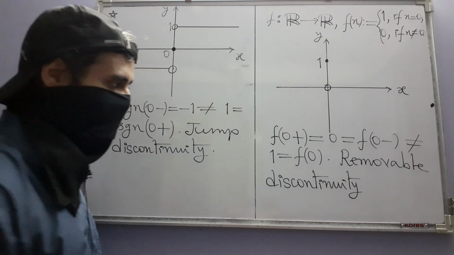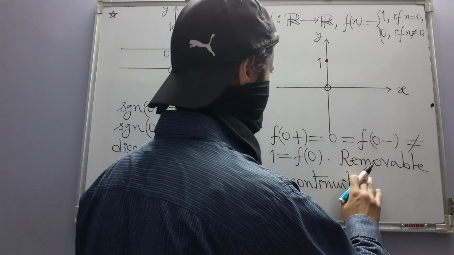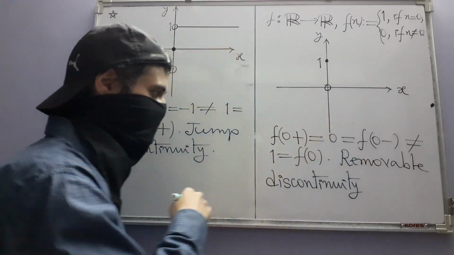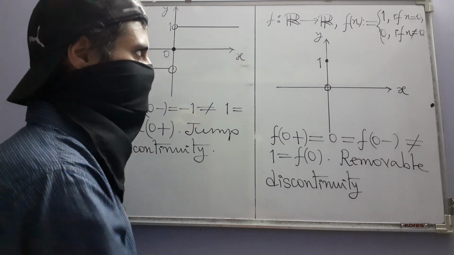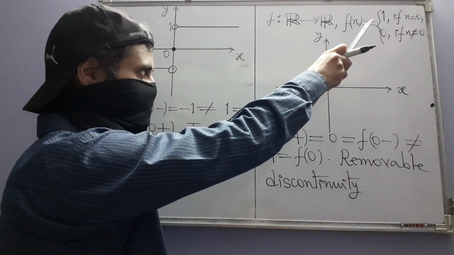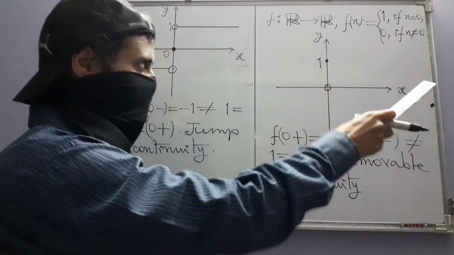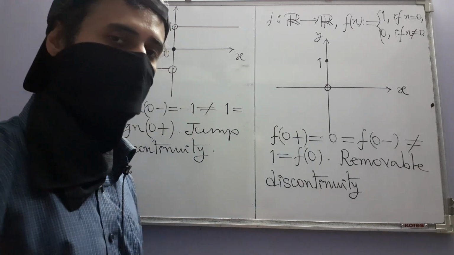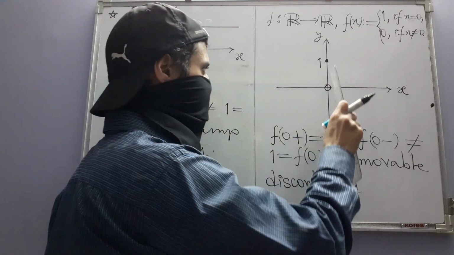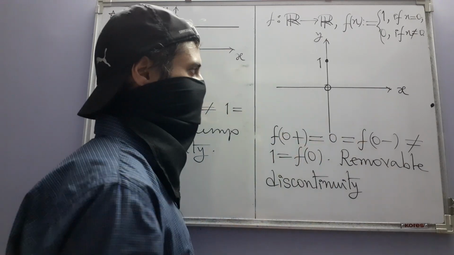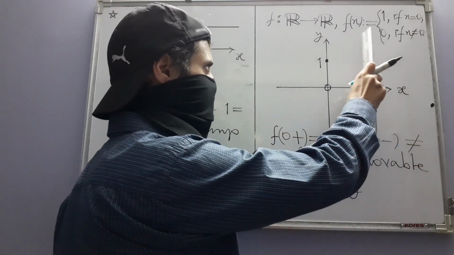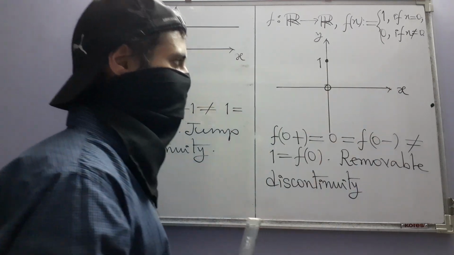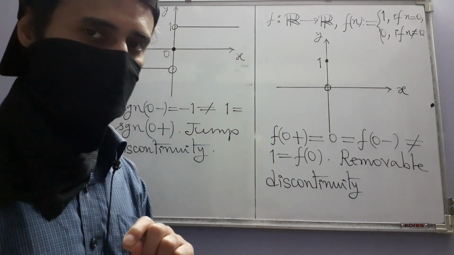Why? This name also has a reason. You can redefine the function slightly differently. This function takes the value 1 at 0. In place of this, you can define another function which takes the value 0 at 0, so that it is constantly 0. So that other function is exactly like f, except at x equal to 0.